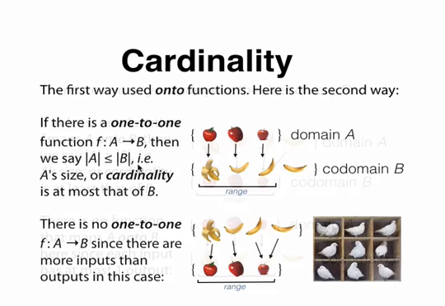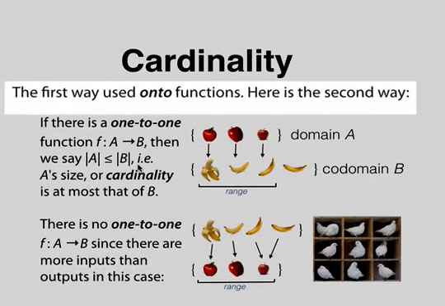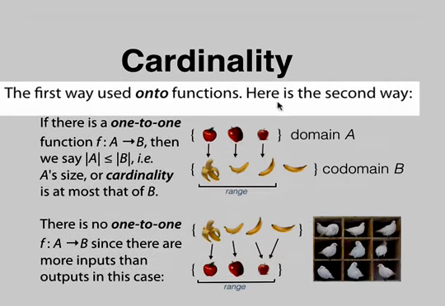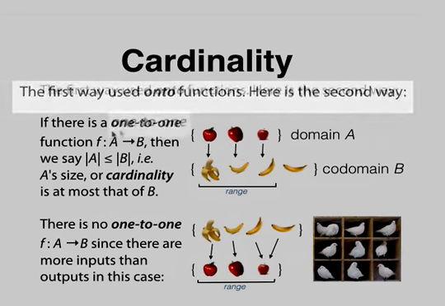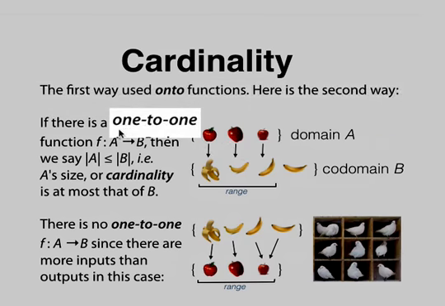Okay. The second way is, again, the flip side. It's the one-to-one way. This is the first way used onto functions. The second way is going to use a one-to-one mapping. If we can find even one function that has this property, one-to-one, and it maps apples to bananas in this case.